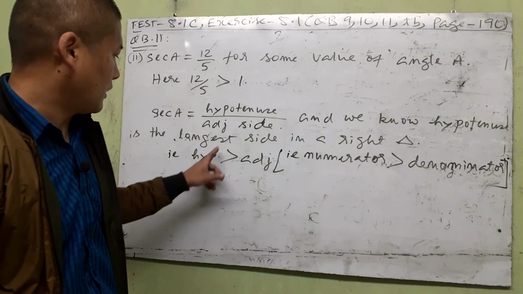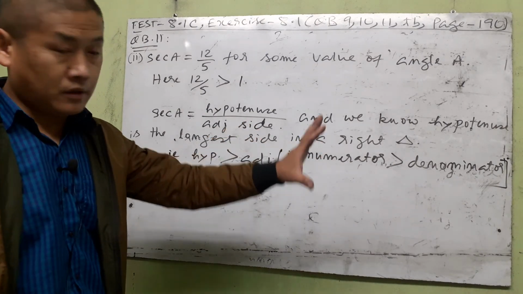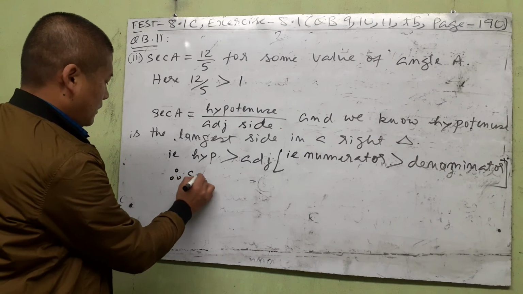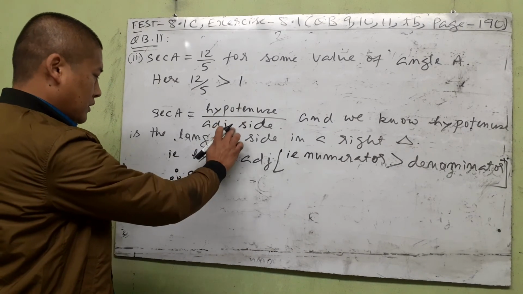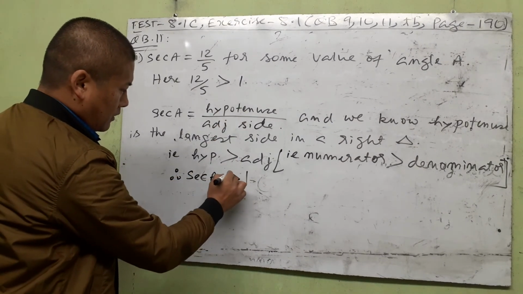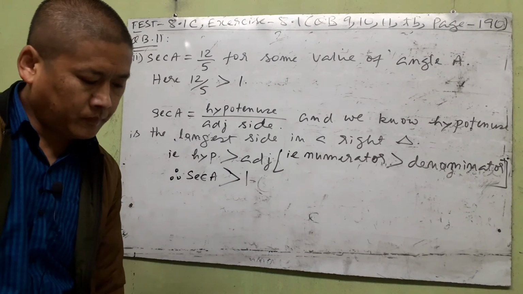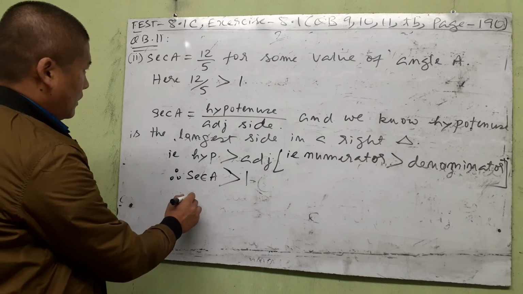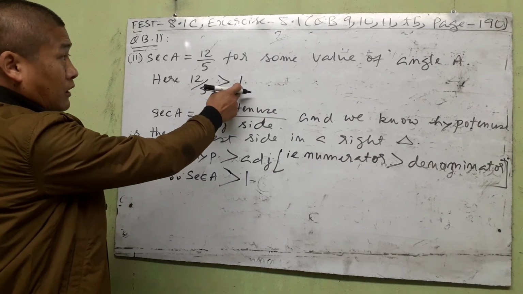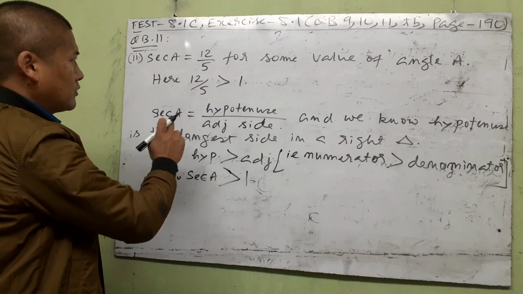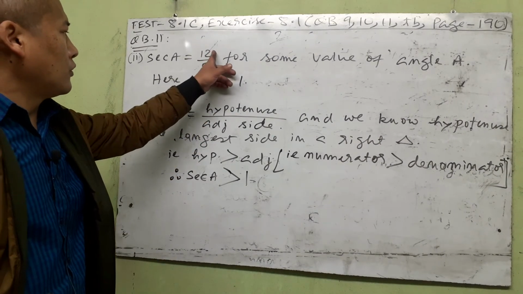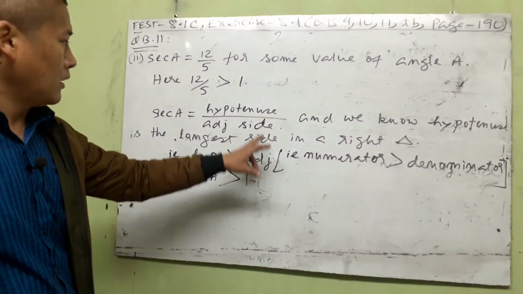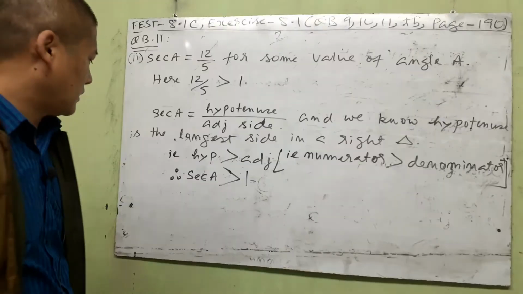Hypotenuse, which is numerator, greater than adjacent means greater than denominator. Therefore sec A, since the hypotenuse is greater than this one, will always be greater than 1. And here 12 by 5 is greater than 1. Already we know numerator is greater than denominator. So sec A can surely be 12 by 5, because 12 by 5 is greater than 1, and sec A is always greater than 1 because the hypotenuse is greater than the adjacent side.